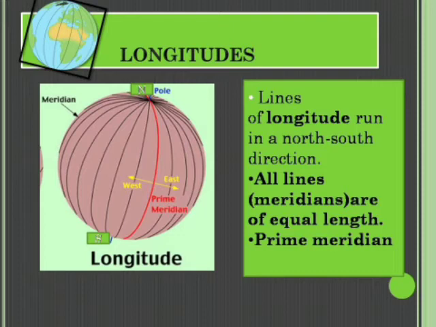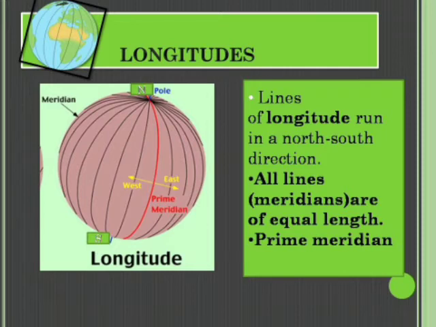They are otherwise called meridians. Meridians means vertical lines. And unlike our latitudes, the lengths of the meridians are the same. For example, when our earth rotates, it takes 360 degrees for one spin.